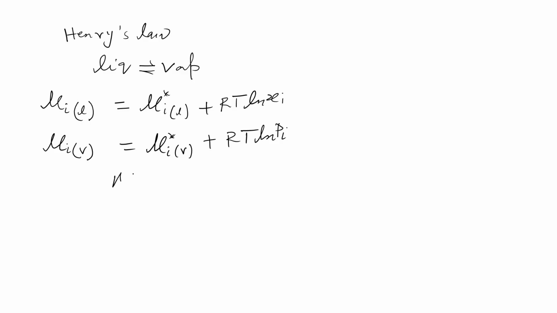Now we know that at equilibrium, what is the condition for the phase equilibrium? Chemical potential of the component must be equal in all the phases. So at equilibrium, we can write mu I in the liquid phase must be equal to mu I, chemical potential of the ith component in the vapor phase.